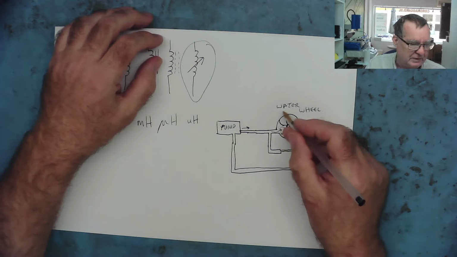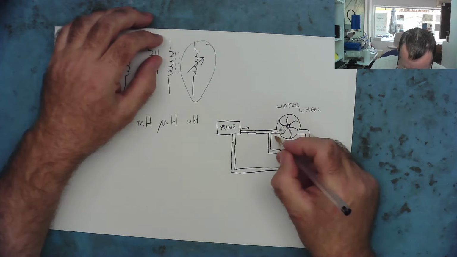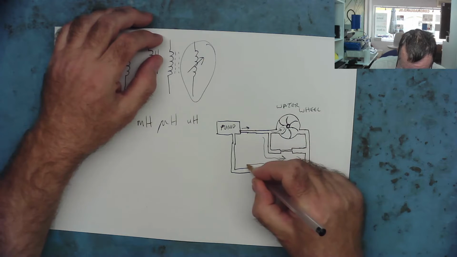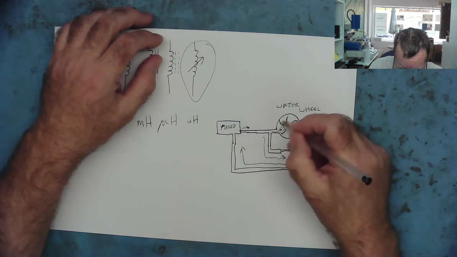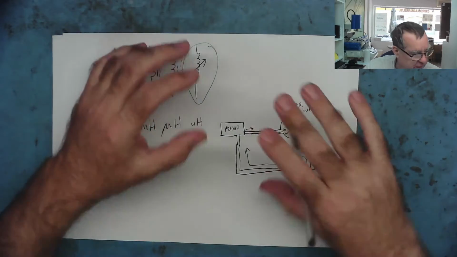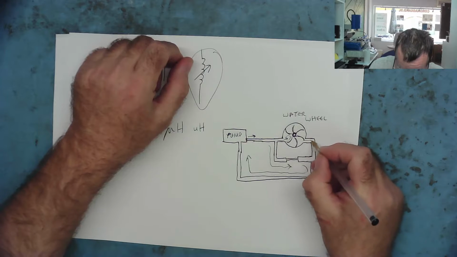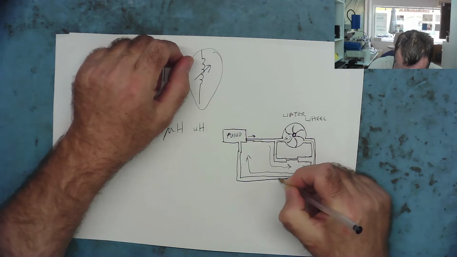But the water wheel takes time to get moving, so most of the water will actually be going down this way and through here and back around to the pump. As this pushes against the water wheel, it starts to turn, and gradually water will start coming out of here and flowing back around the circuit.